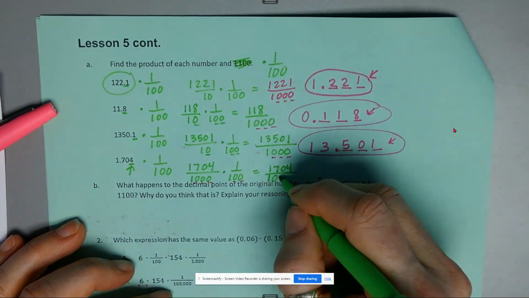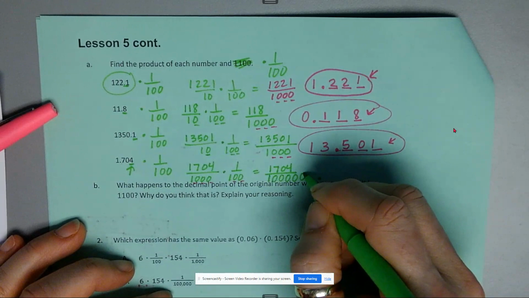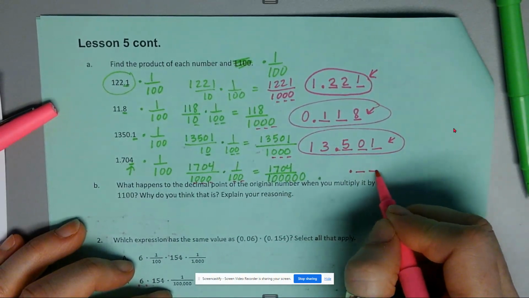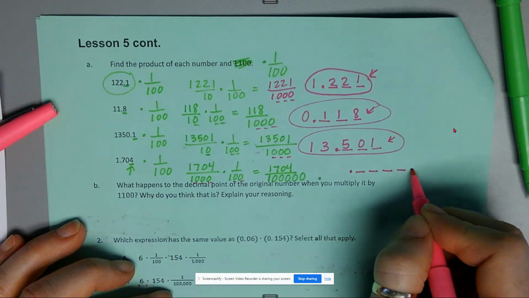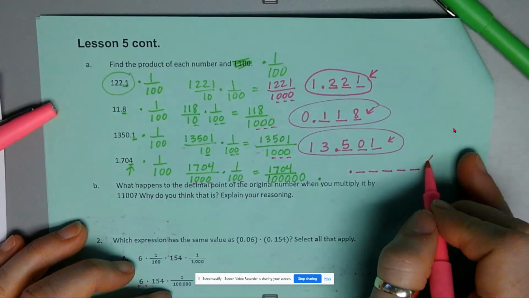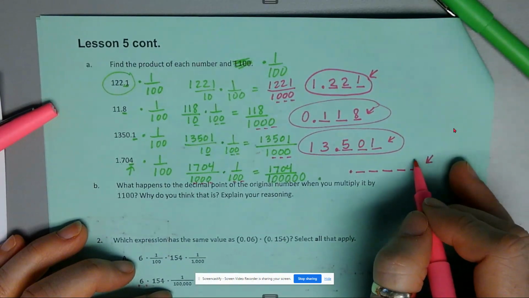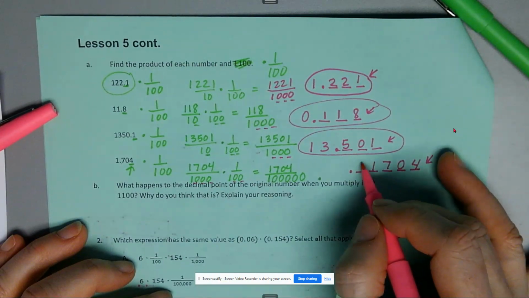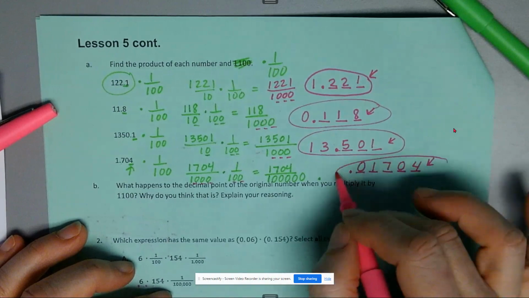Zeros are the 5. 1, 2, 3, 4, 5. Decimal. 1, 2, 3, 4, 5. Start writing on the right. 4, 0, 7, 1, 0.